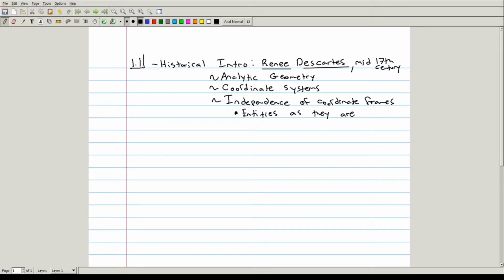And this is the start of essentially what's called vector tensor calculus. And this gives us a description of essentially all things that you can think of in modern physics, modern engineering, that is essentially coordinate free.